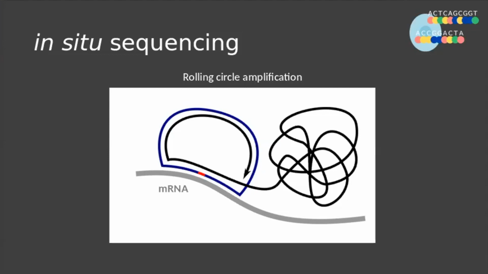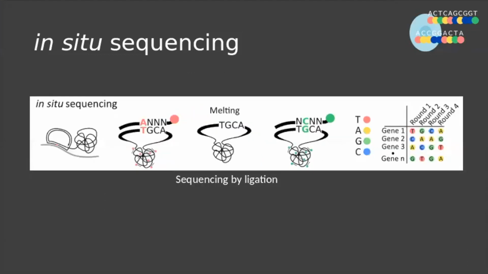So you have a probe which binds to the mRNA, and the ends get hybridized very close to each other, and then you ligate these to each other. So then you have a circle of DNA. Then you use polymerase to amplify, like it will go in circles and produce many copies of the same circle, which you can then use to do the sequencing.